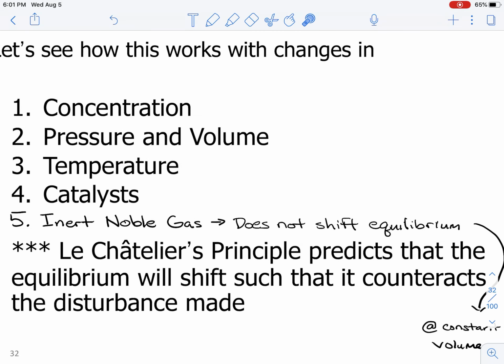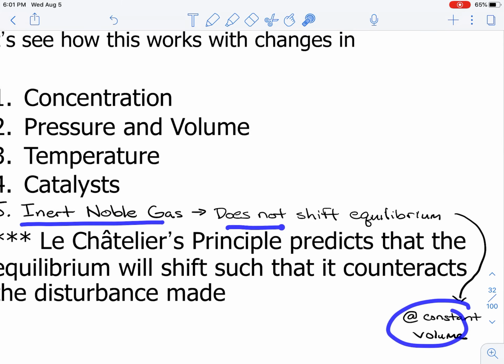The reason is that the addition of this non-reactive inert gas doesn't really change the partial pressure of the other gases in the container. Therefore, the addition of inert noble gas under constant volume will not shift the equilibrium.